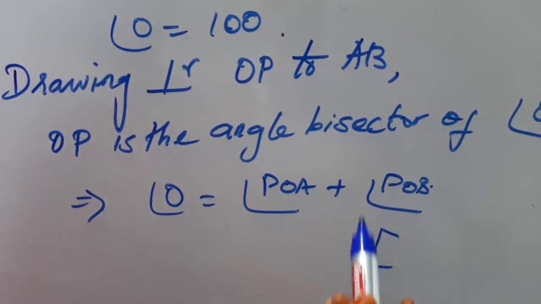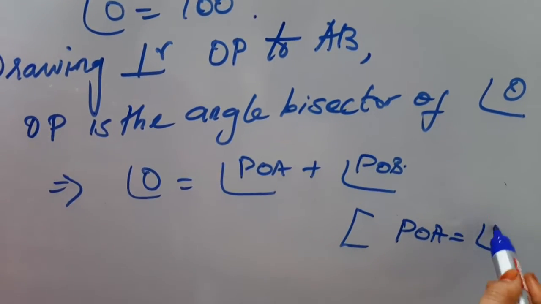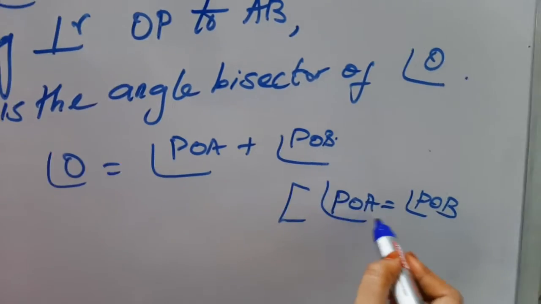And we know that since this is the angle bisector, the angle POA is equal to the angle POB.